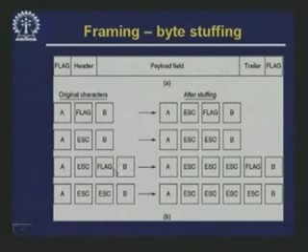Only at the end will we get this flag by itself. If there is escape flag, we have escape escape escape flag, escape escape and so on. So, this is known as byte stuffing.